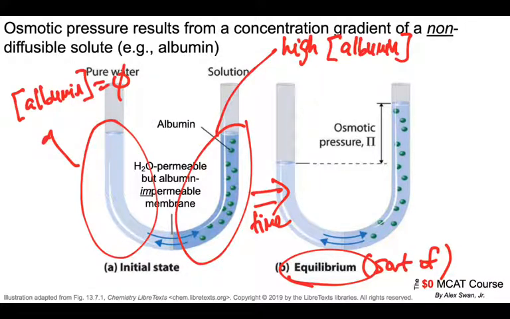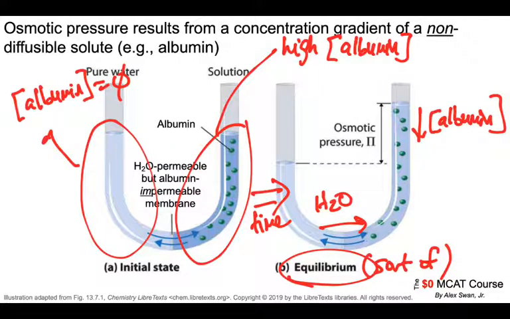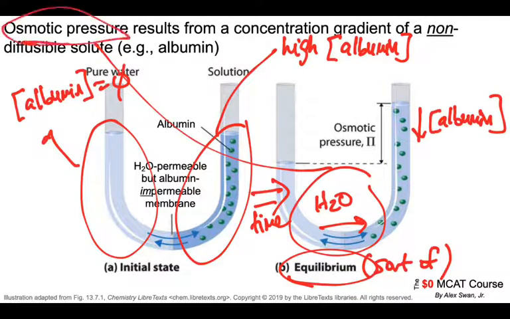The point that I'm trying to illustrate is that water will move across this semi-permeable membrane so that we can decrease the concentration of albumin. And hopefully we can equalize these two sides of the semi-permeable membrane. That flow of water, the water pushing through this membrane into this side of the U-tube in order to equalize the concentration of albumin, this movement of water is going to be called osmotic pressure, right?